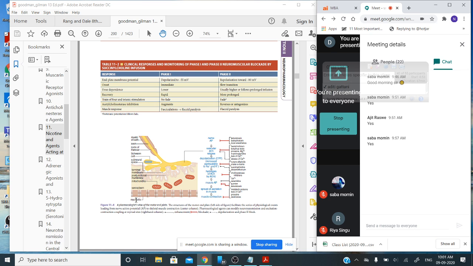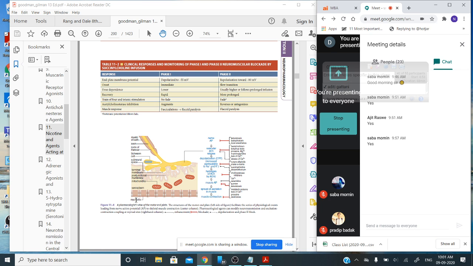So whenever any action occurs, an action potential is generated. Because of the action potential, calcium will come into the presynaptic neuron. We have seen this mechanism.